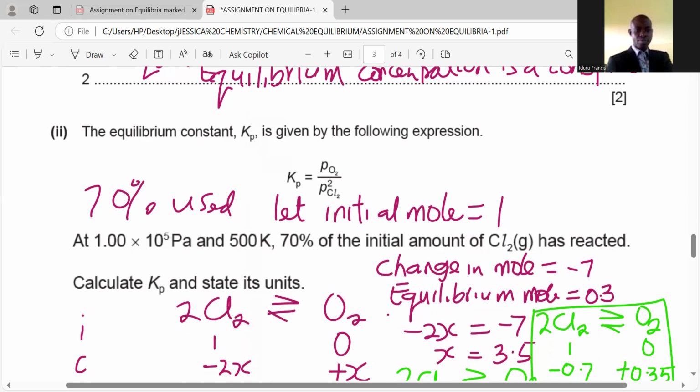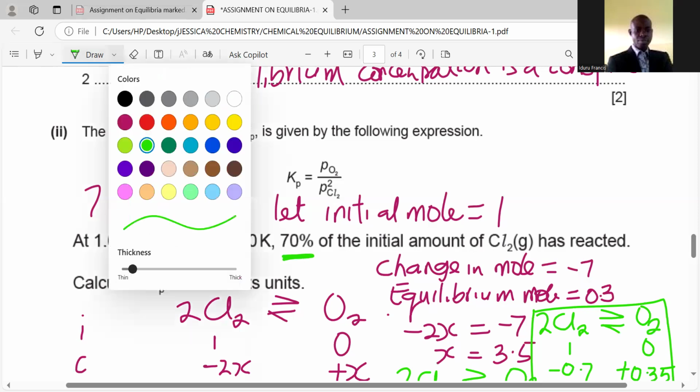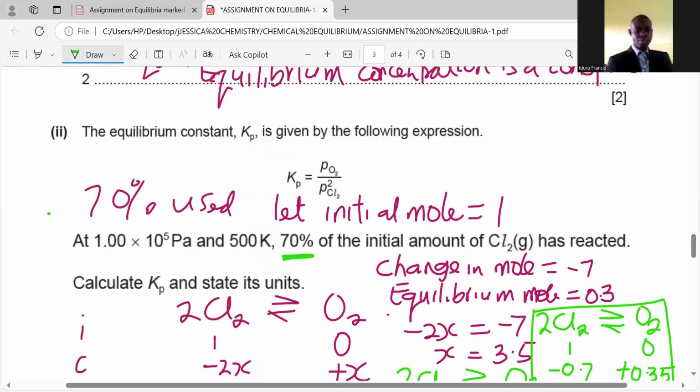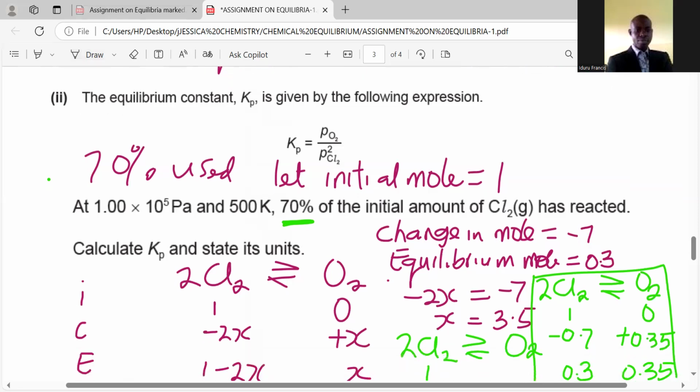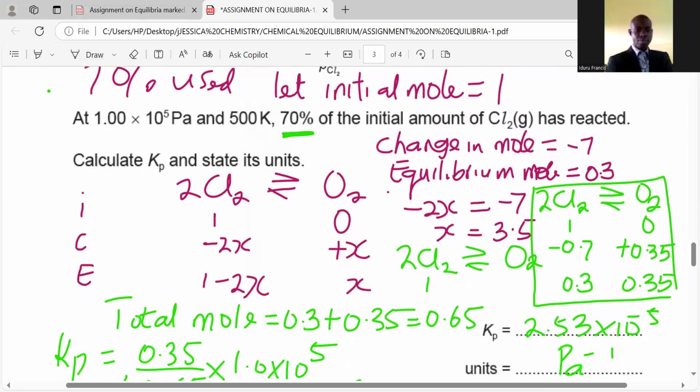At 1.00 times 10 power 5 Pascal and 500 Kelvin, 70% of the initial amount of chlorine gas has reacted. 70% is the joker there. 70% of the reactant has been used up. We need to actually explain or interpret the 70% correctly. Calculate the Kp and state the unit.